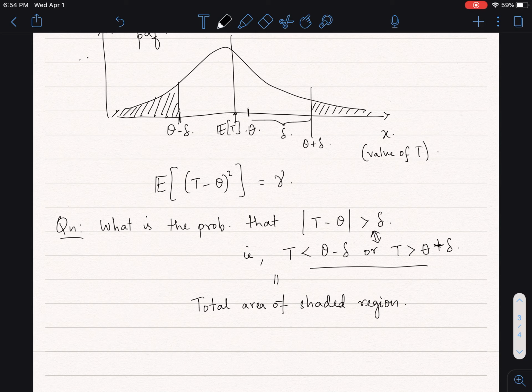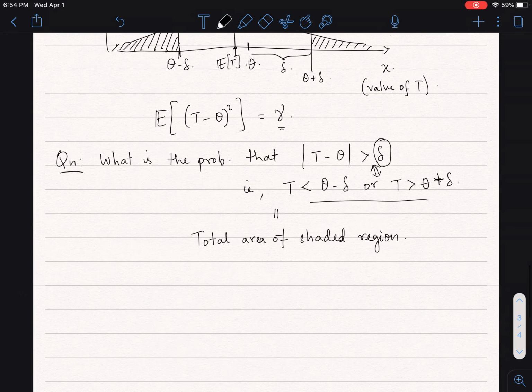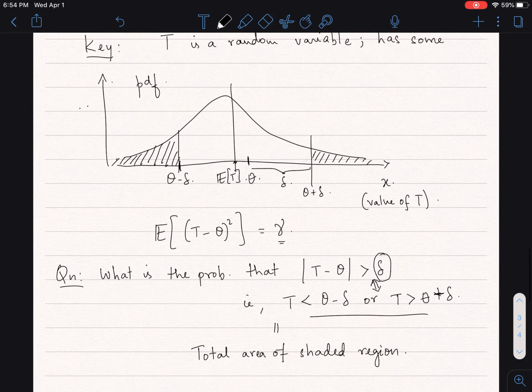Now the question is, can we bound this total area in terms of this gamma and this quantity delta that we have chosen? So that's the question that we'd like to answer.